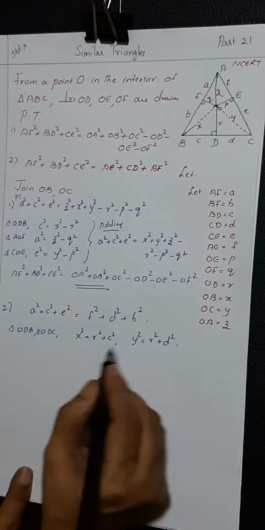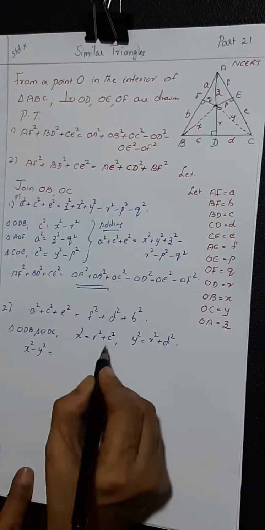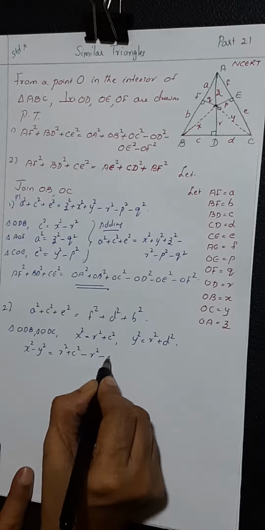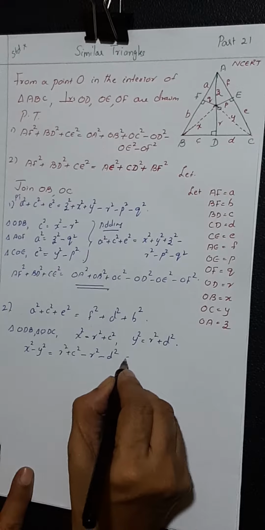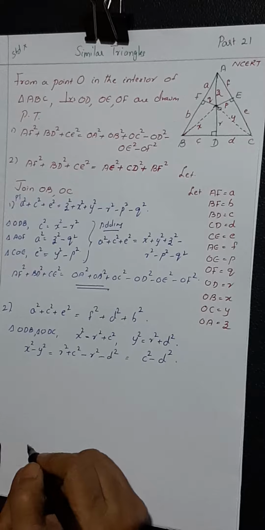Now, let us subtract this. x squared minus y squared is equal to r squared plus c squared minus r squared minus d squared. So that is equal to c squared minus d squared.